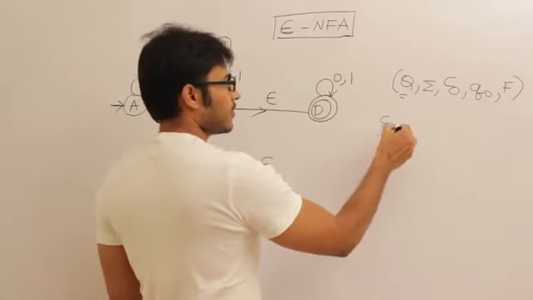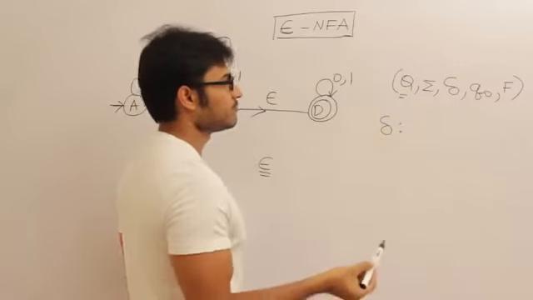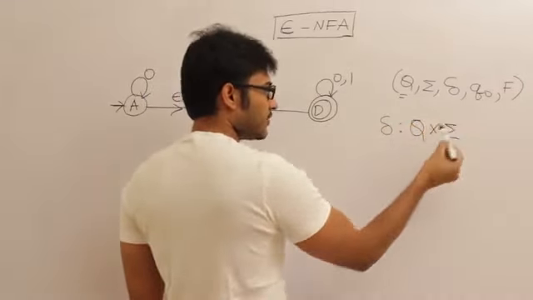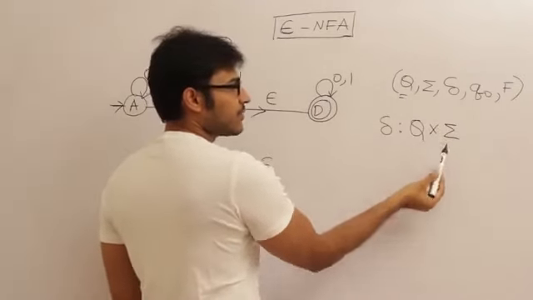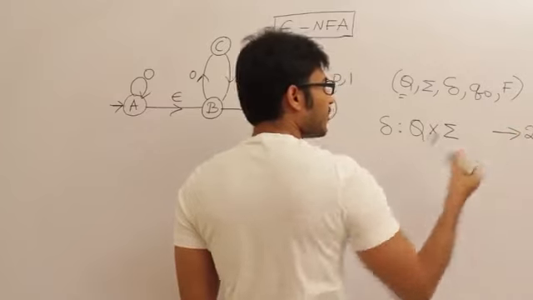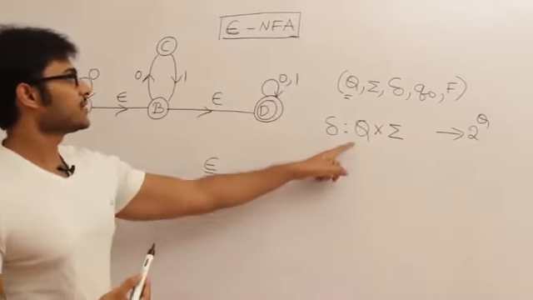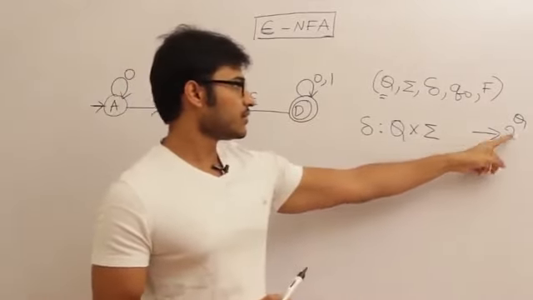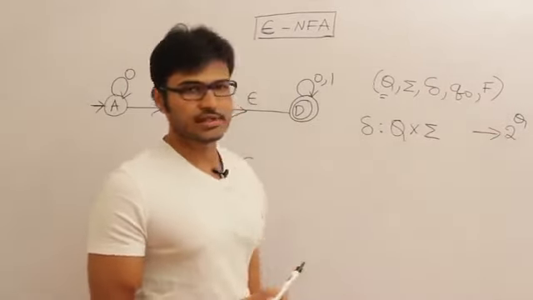So delta, if you remember in NFA, delta is nothing but Q cross sigma, which means if I am in some state, if I see some input, then I was going to 2 power Q, power set of Q, which means if I am in some state and if I see some input, I'll go to a subset of all states.